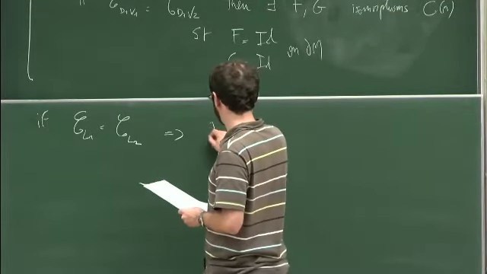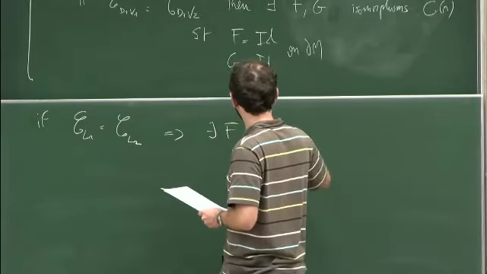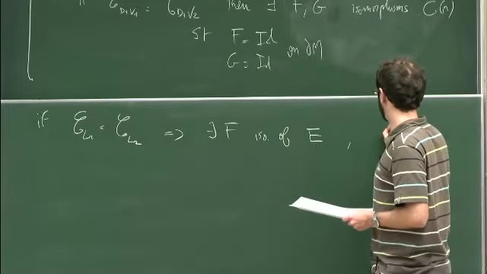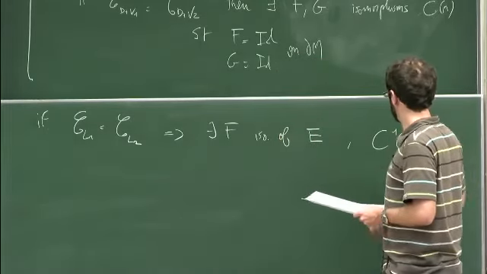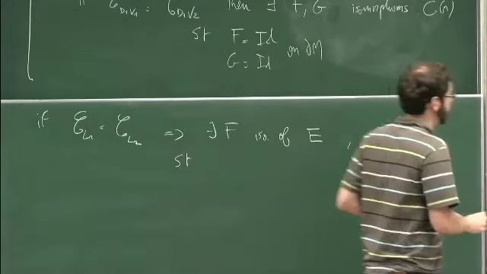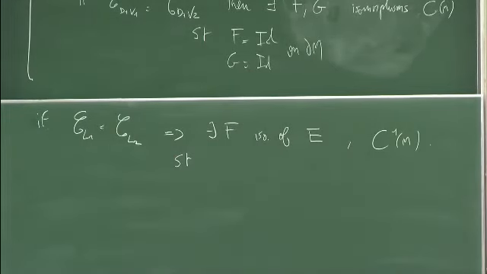So there exists F isomorphism of E, which is C1 in regularity, such that, I didn't say about the assumption on the regularity. So it's a bit similar as before.